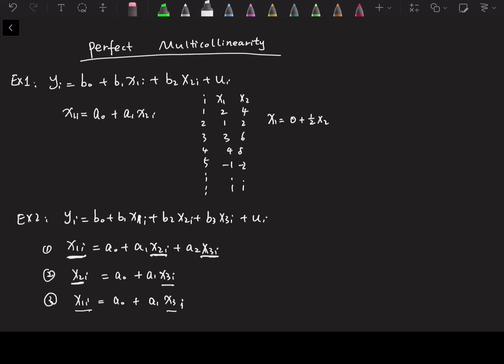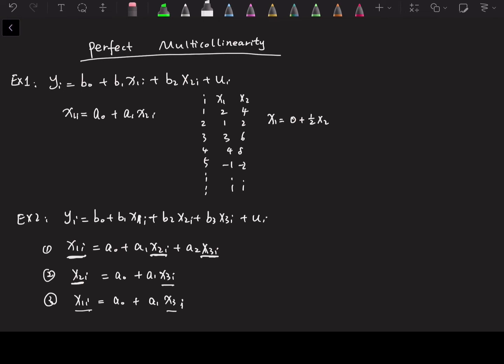This could be the exact linear function of one other regressor, or of all the other regressors, or of some of the other regressors. These all cause the problem called perfect multicollinearity.